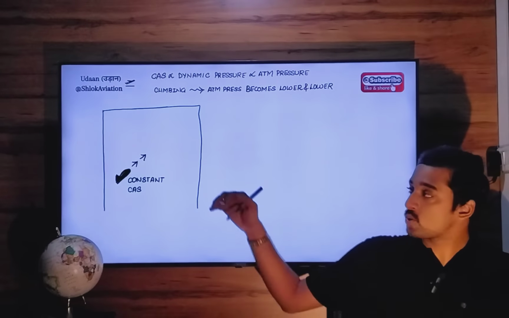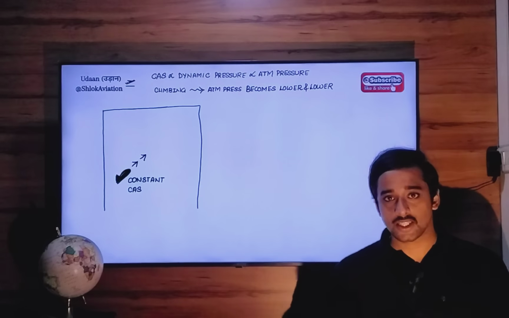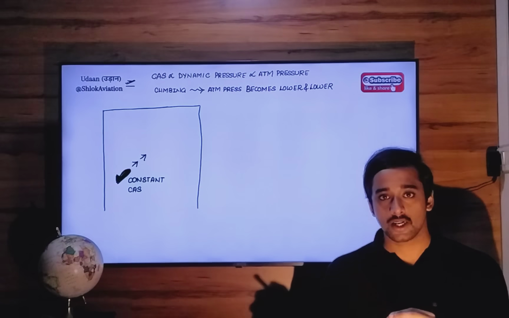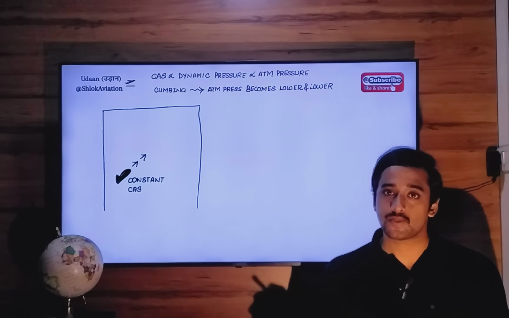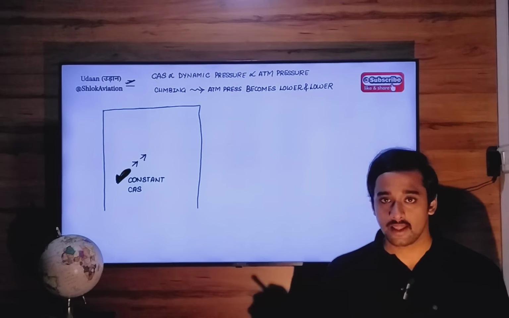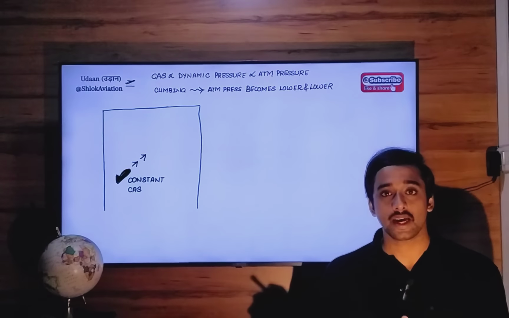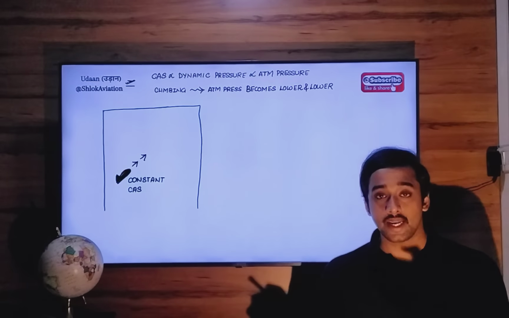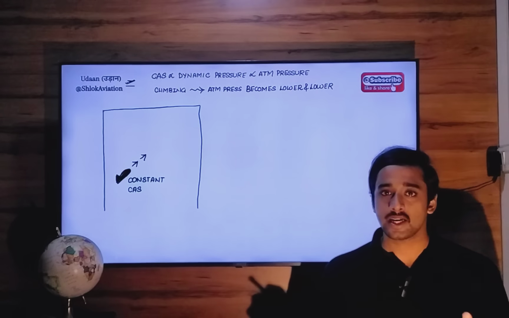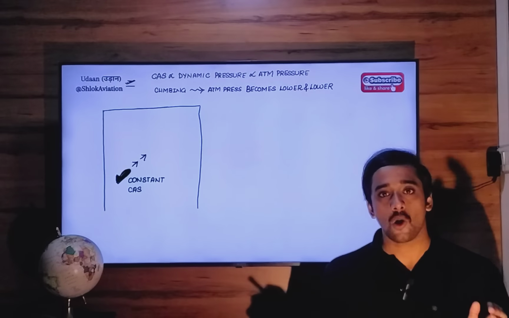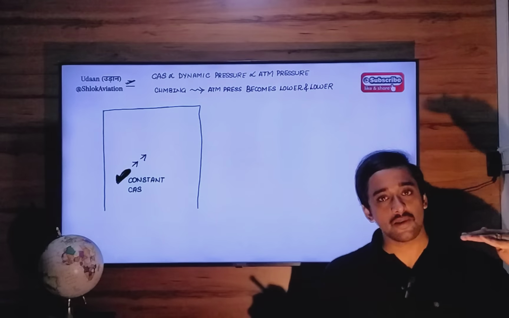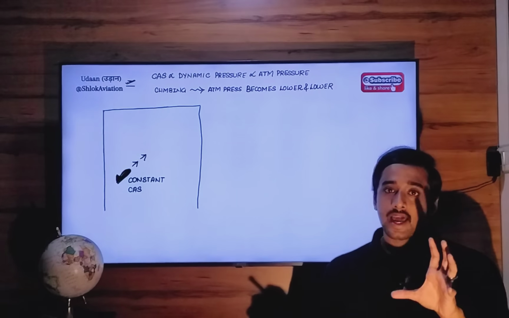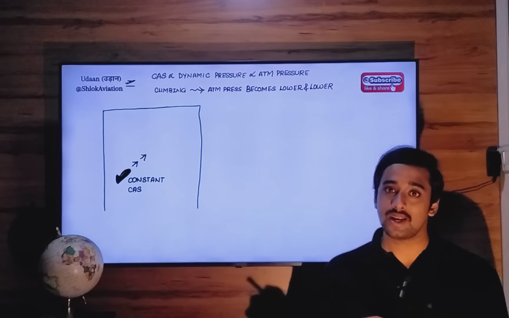So when atmospheric pressure starts decreasing, whatever pitot pressure and static pressure are registered by the airspeed indicator will also start decreasing in value. And the indicated airspeed or calibrated airspeed shown to us will also decrease in value. The aircraft may be flying at a constant or very fast true airspeed, but nevertheless the calibrated airspeed shown to us will decrease.